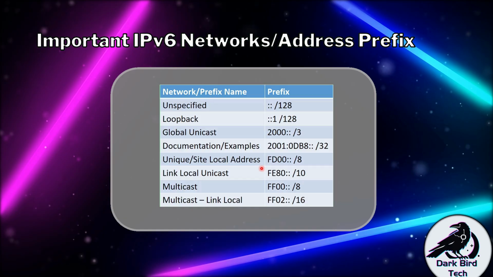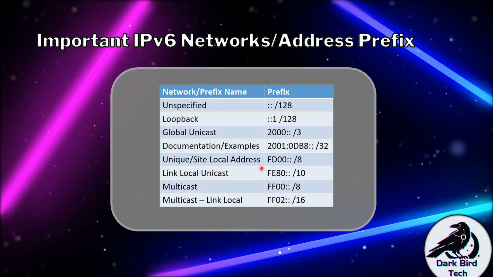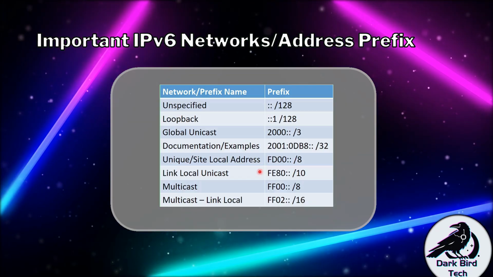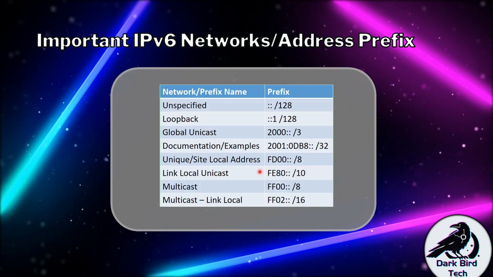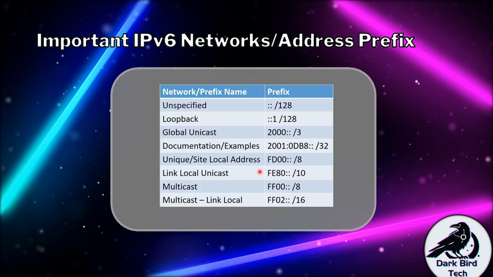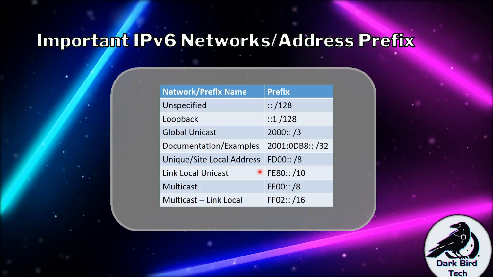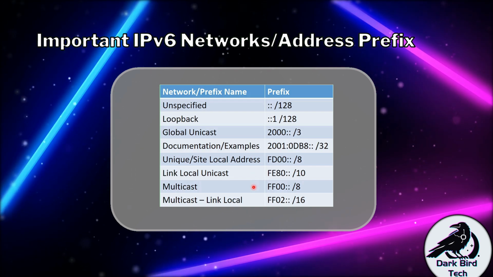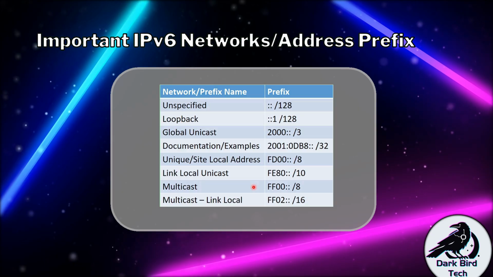That is for local LAN communications where you don't plan to talk to somebody that's on the other side of a router. You're both on the same LAN segment. So between the unique local addresses and the link local addresses, that is effectively IP version 6's equivalent of private IP addresses. And then you get FF00, which is the multicast range for IP version 6.